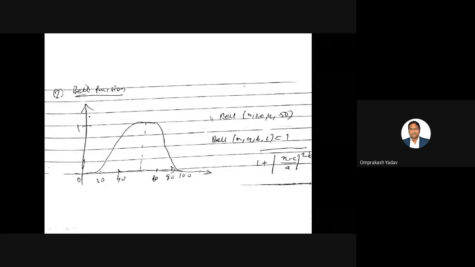So here we are having parameters like x, a, b, c, right? And the formula is like this: Bell of x, a, b, c is equal to 1 upon 1 plus mod of x minus c upon a, raised to 2b.